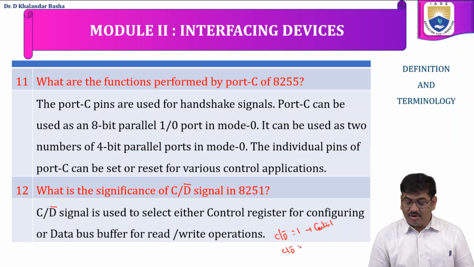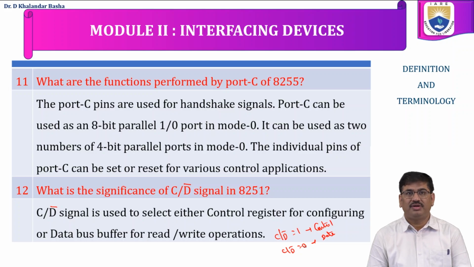If C by D bar is equal to 0, it indicates the bus consists of data information. The control information is mainly for configuring the internal registers of 8251, whereas data is for transmitting or receiving the data that we communicate between the processor and 8251 to the external world.